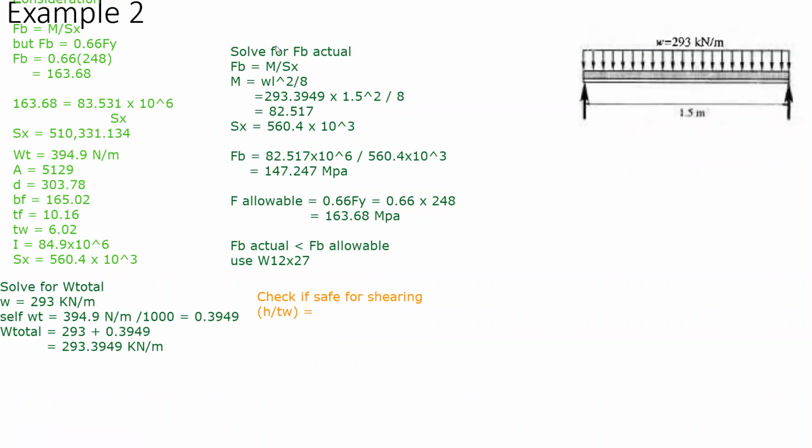To know the value of h, this is simply the value of d minus the thickness of the flange times 2.